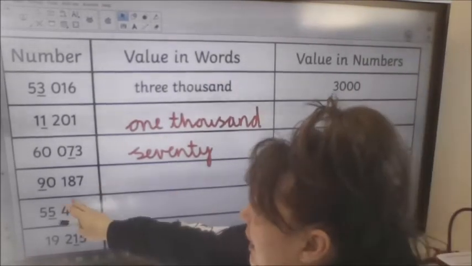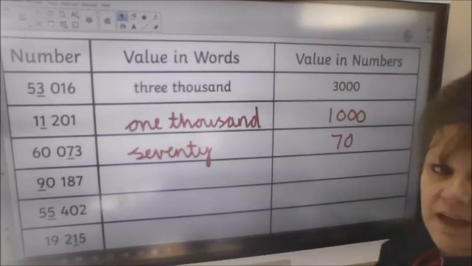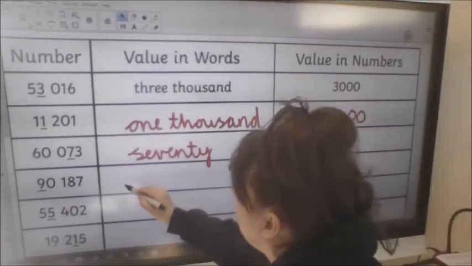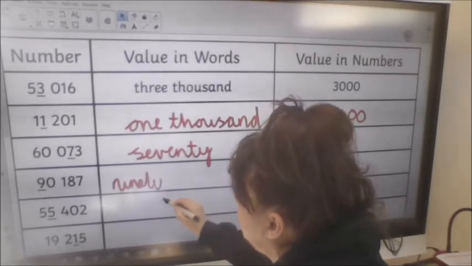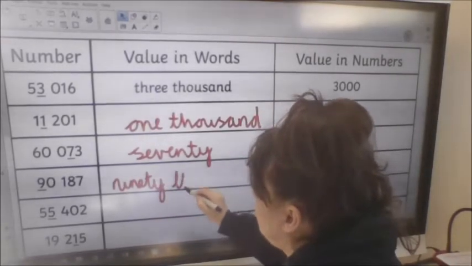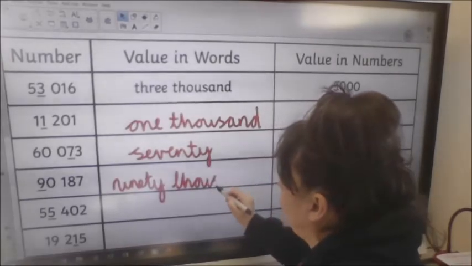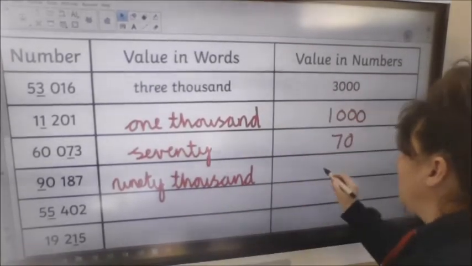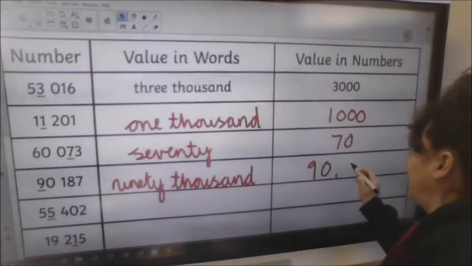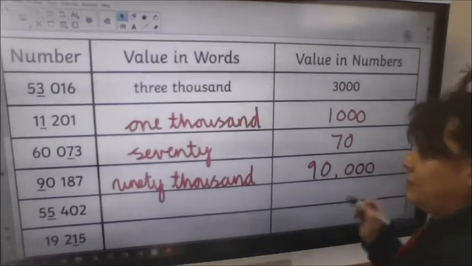Then we've got 90,187. So that would be 90,000. And we'd write it like that.